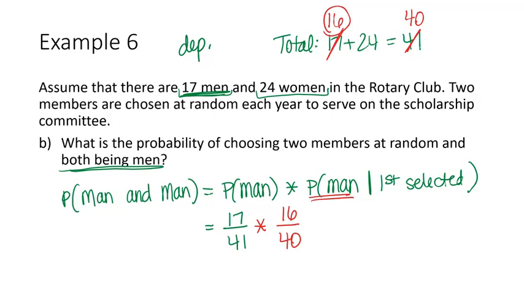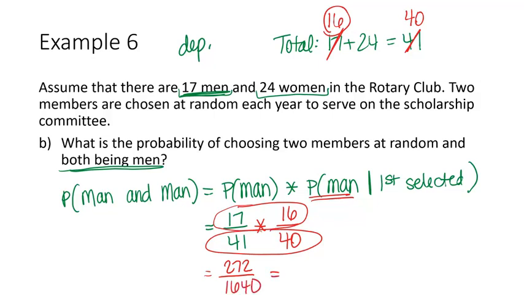Notice how that changes. I'm going to go and do this one as if we're struggling to reduce. That's a very real thing. Multiply straight across. 17 times 16 is 272. Multiply straight across the bottom. 41 times 40 is 1640.